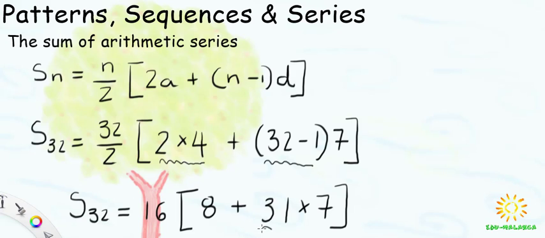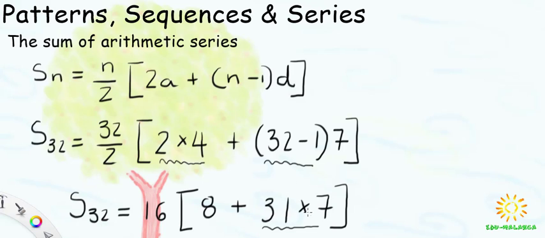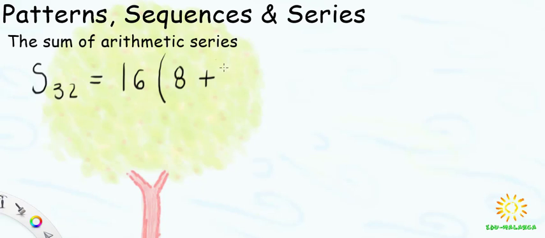We'll multiply 31 times 7, so this will become S32 is equal to 16, open brackets, 8, plus, use your calculator to solve this, 31 times 7 is equal to 217. We close our brackets, and now we just simply have to sum what's in these brackets.